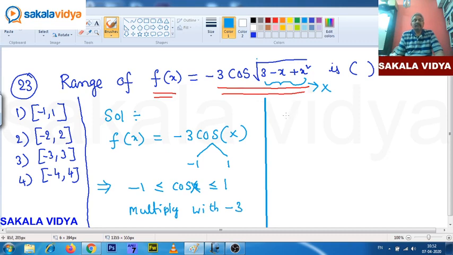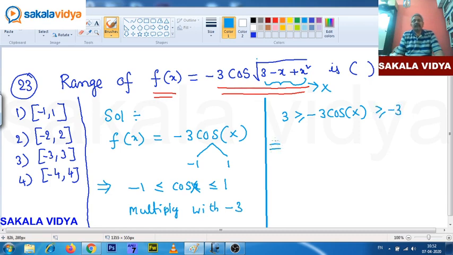So here you will get plus 3 greater than or equal to minus 3 cos X, which is greater than or equal to minus 3.